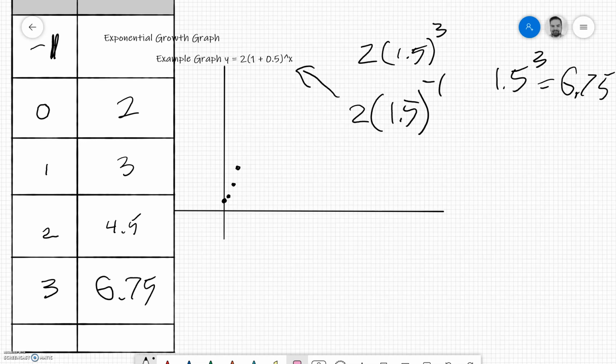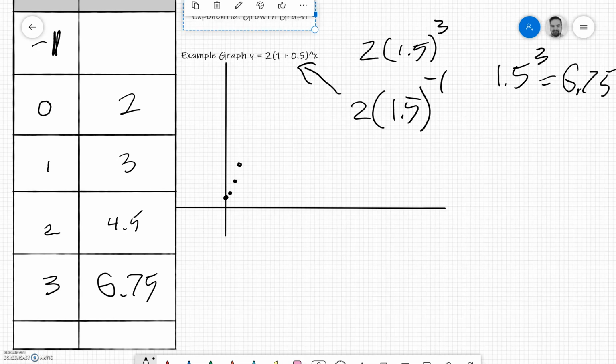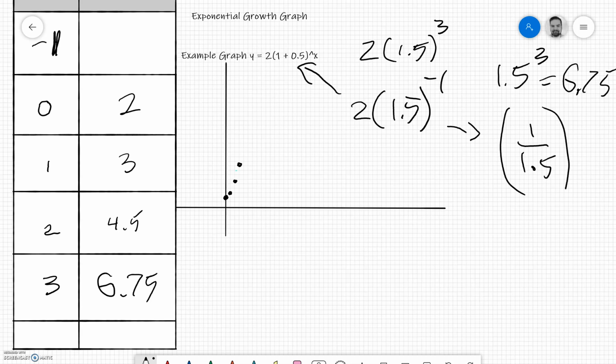Raising something to the -1 power is 1 over that thing. So 1.5 to the -1 power is 1 over 1.5, which is actually going to be equal to 2/3.